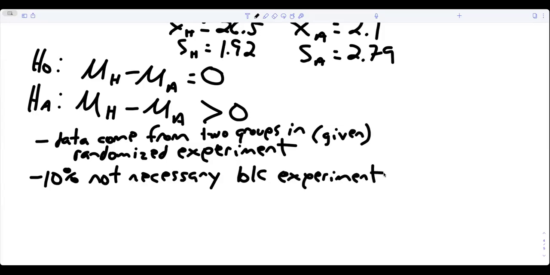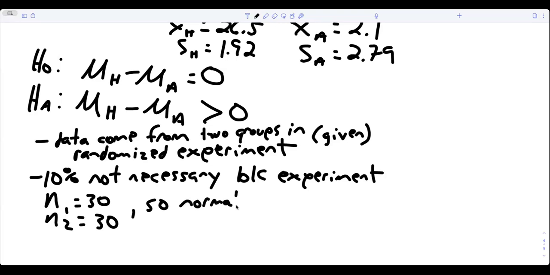All right, so check for normality. N1 was equal to 30 and N2 was equal to 30. So normality condition is met. 30 is greater than or equal to 30.